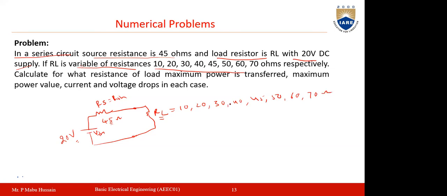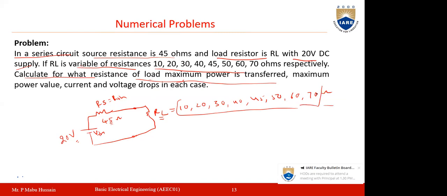They are given. Now you need to calculate for what resistance of the load maximum power will be transferred. A list of values of resistances is given. At what value of these resistances will maximum power be delivered to the load? They asked this.